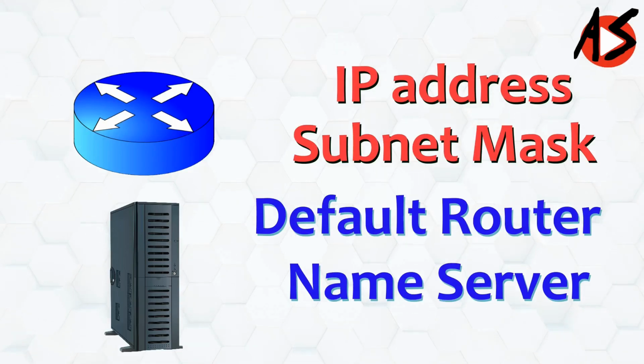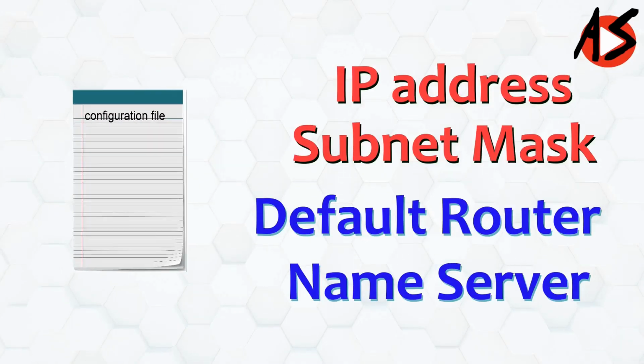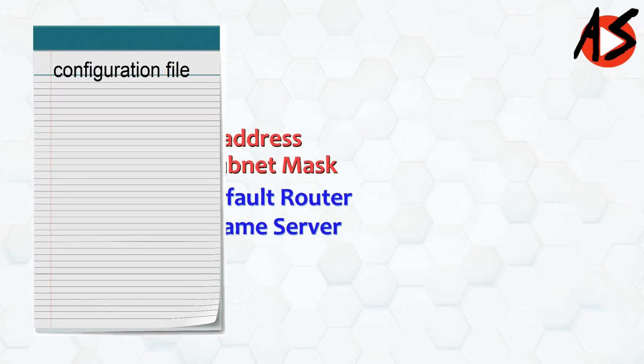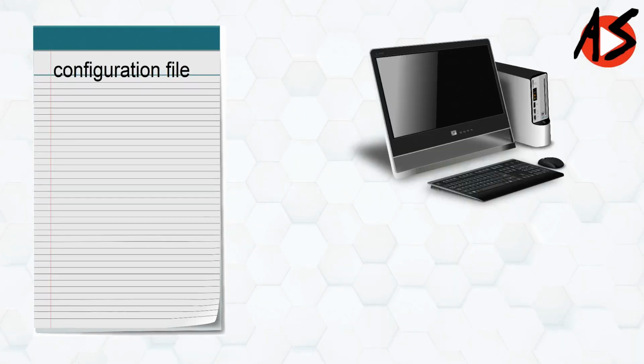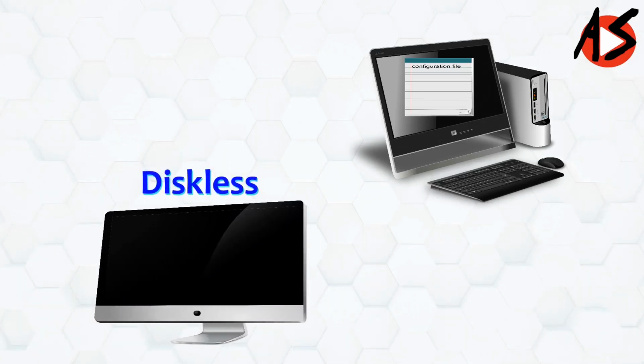These four pieces of information can be stored in a configuration file and accessed by the computer during the bootstrap process. But what about a diskless workstation or a computer booted for the first time?